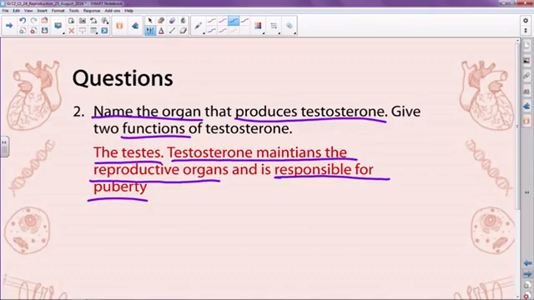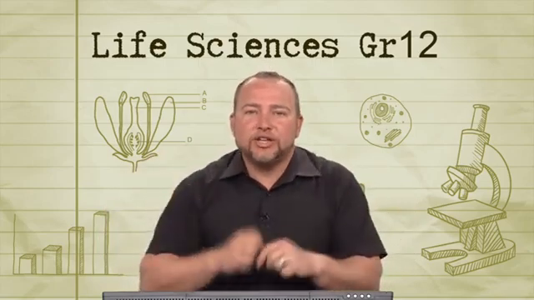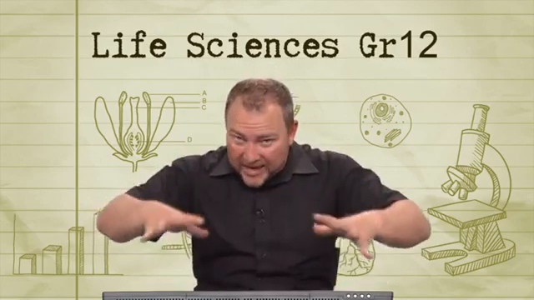So it makes sure that the reproductive organs work properly, and it gives you your male secondary characteristics. So for example, a thick jaw, hair on the face, all the stuff that happens at puberty, your pubic hair, everything. All of that comes together from male secondary characteristics.